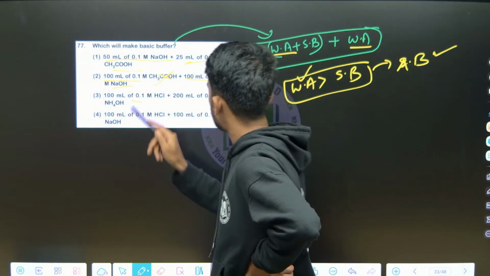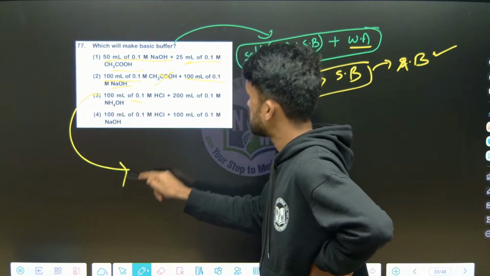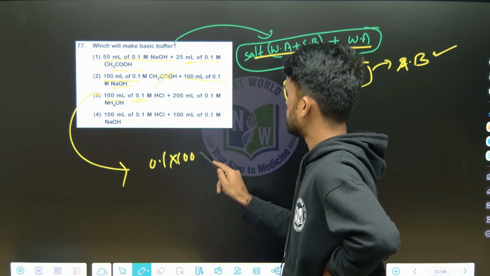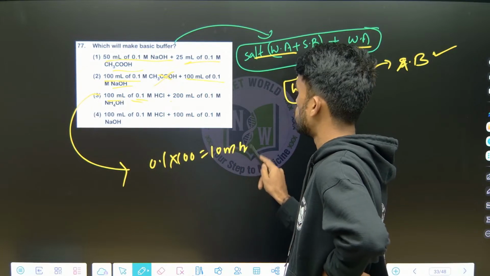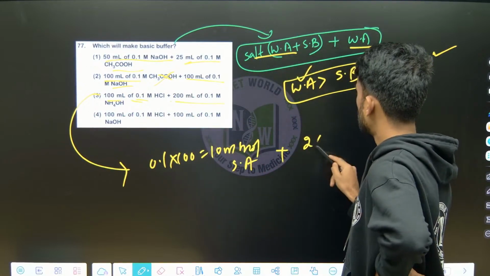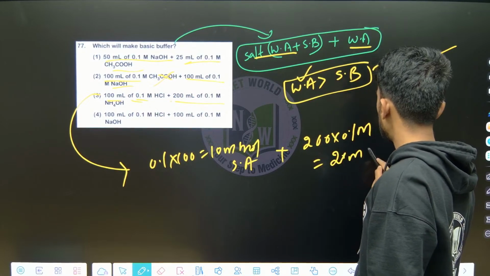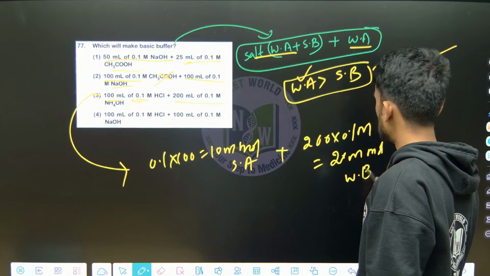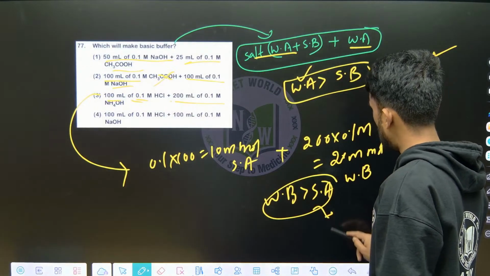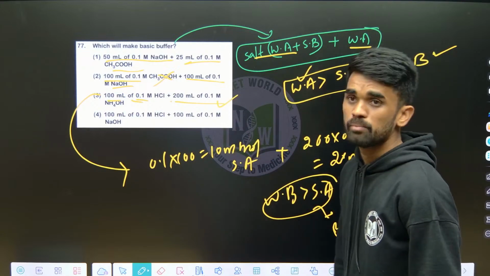Here, this is a basic buffer: 100 ml into 0.1 gives 10 millimoles of strong acid HCl, plus 200 ml into 0.1 molar base, which is 20 millimoles of weak base. So the quantity of weak base is greater than strong acid, so this will result in a basic buffer.